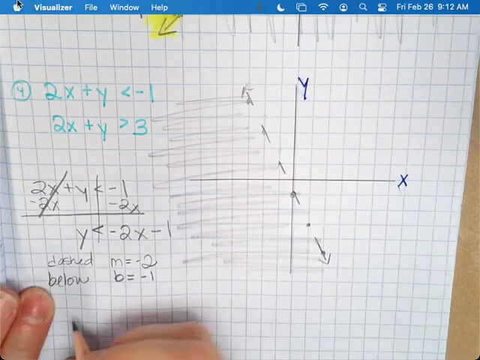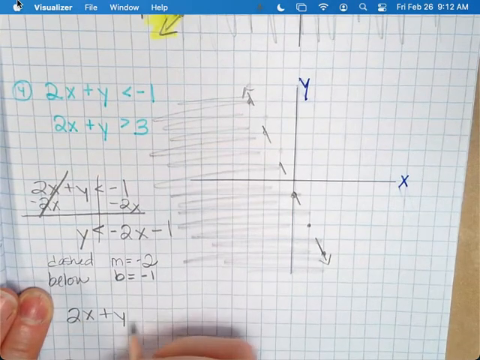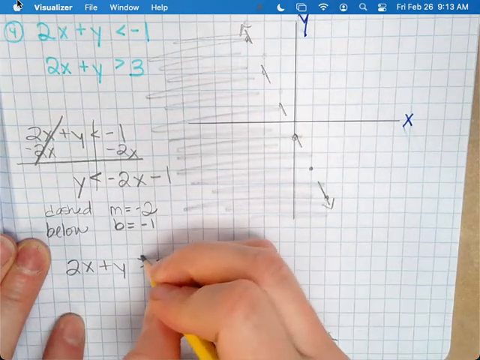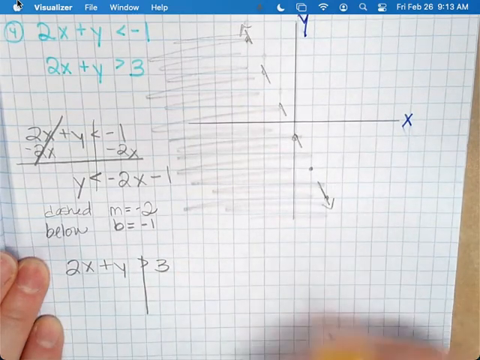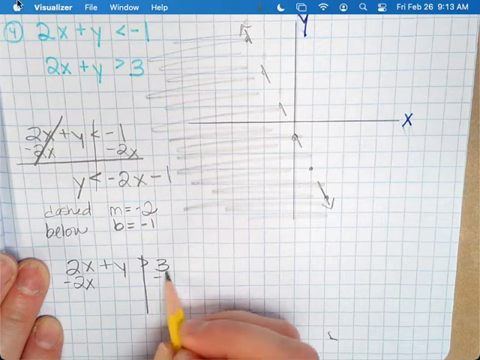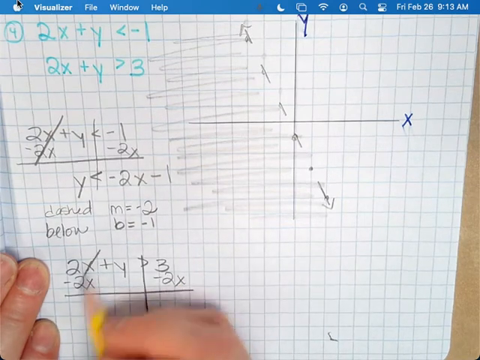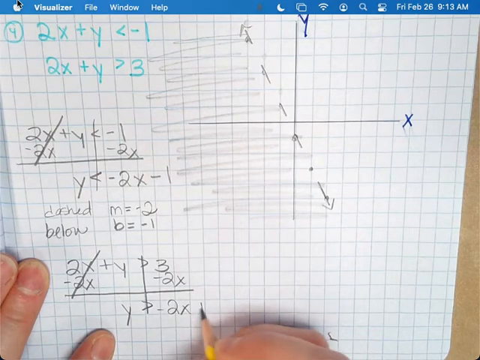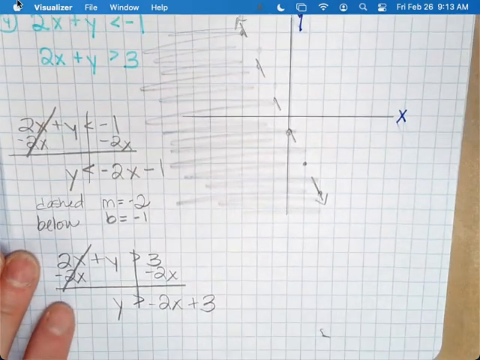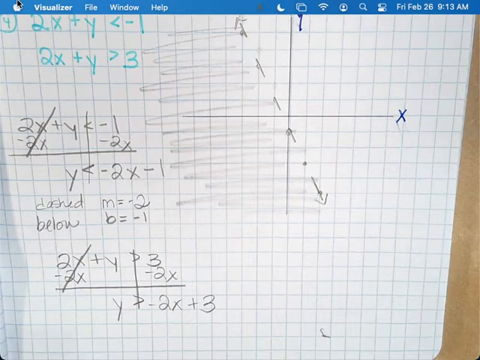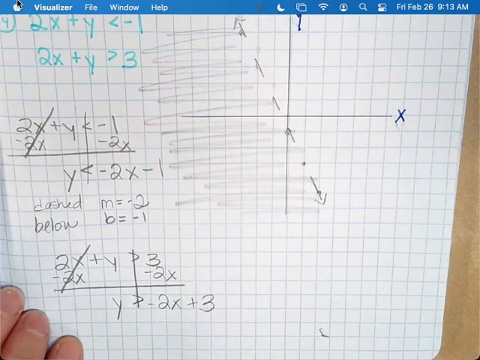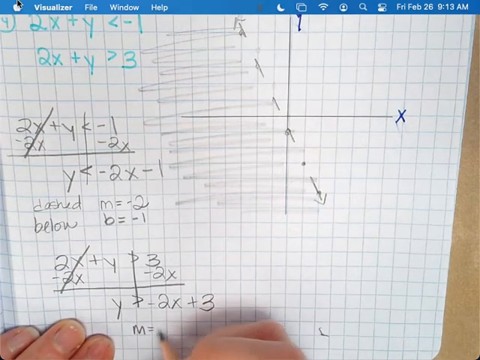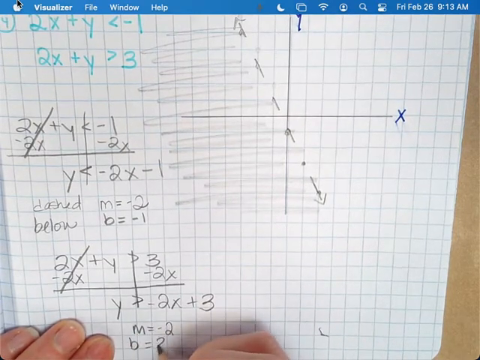Okay, the next one I need to solve too. So I need to subtract the 2x on both sides. So y is greater than negative 2x plus 3. Okay, so I need to identify my slope and my y-intercept.